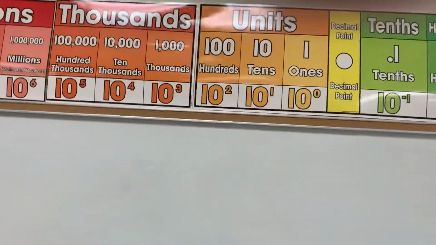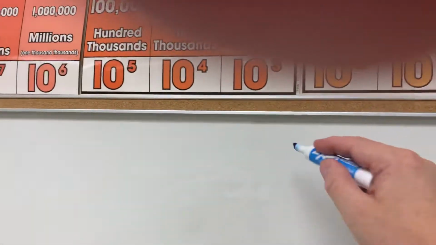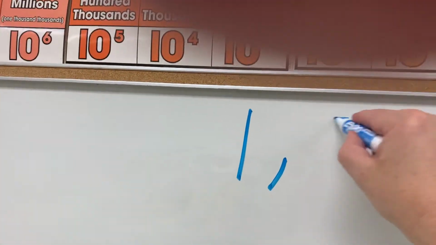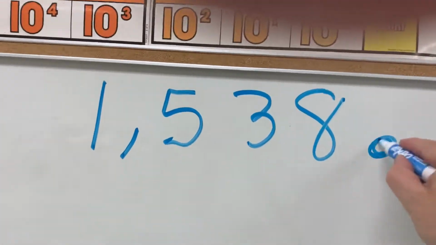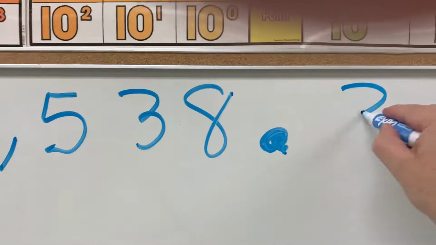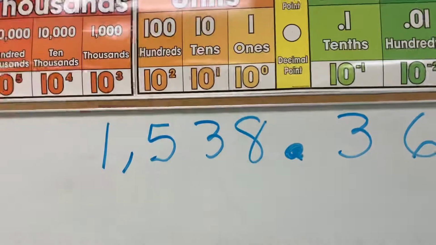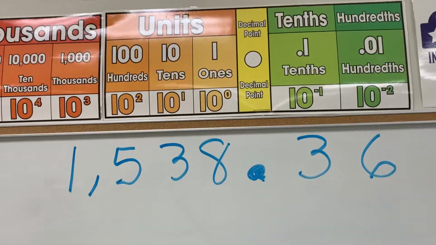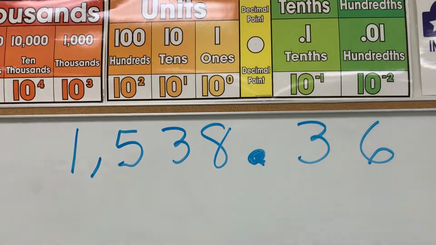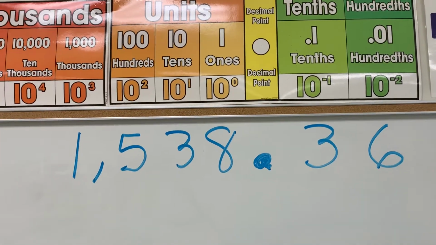When we're reading a number, okay, when we're reading a number and say you have a number like this, decimal point, okay, when you're reading that number, now I wrote each digit underneath the place value, so you read it just the same as the place value says.